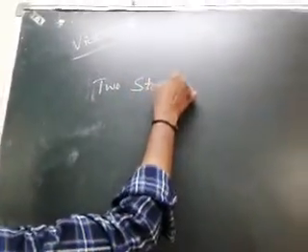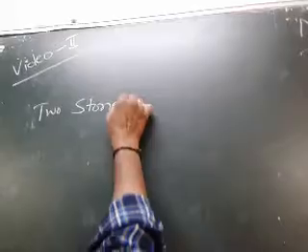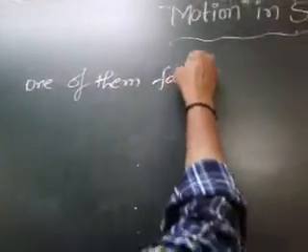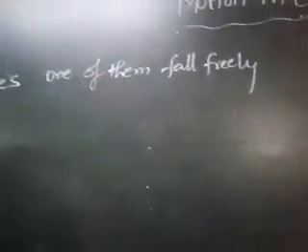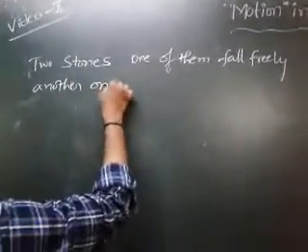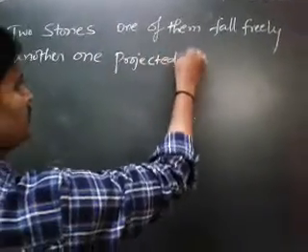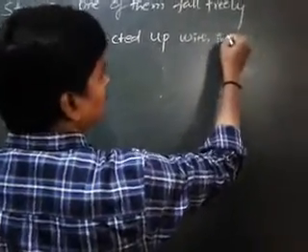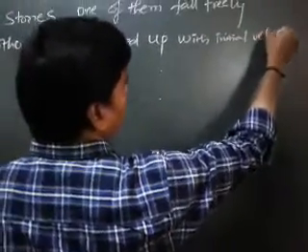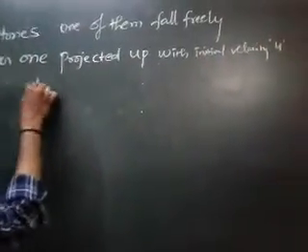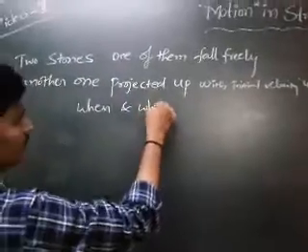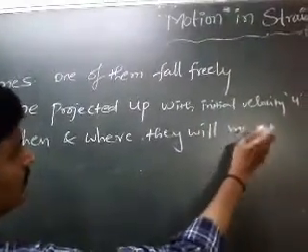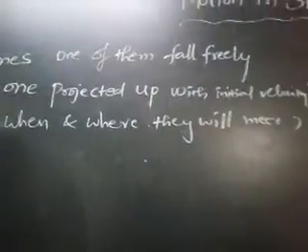Two stones: one of them falls freely, another one is projected up with initial velocity u. When and where will they meet?